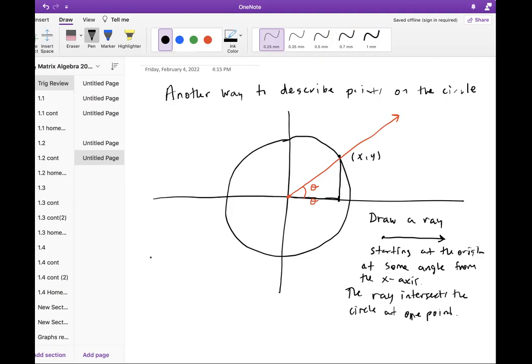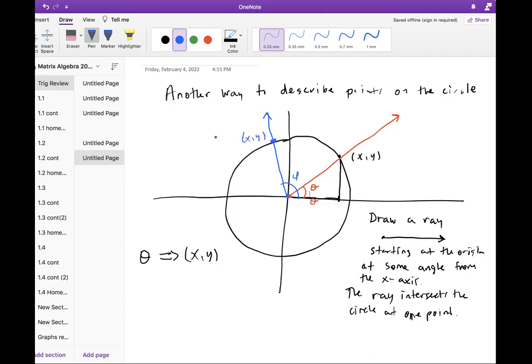Essentially, instead of describing points in the circle as x direction and y direction, every angle corresponds to a point on the circle. So if you give me an angle, I can tell you a point on the circle. If this is my angle here, then I know what point on the circle you're talking about. This one up here, x, y.